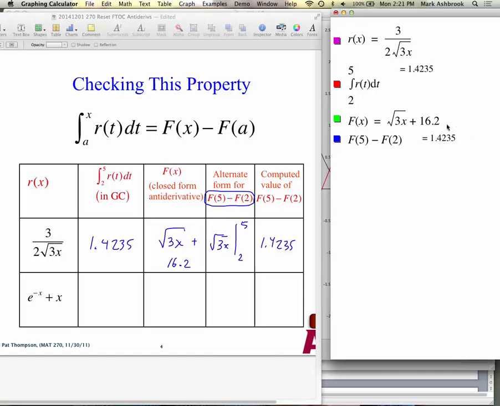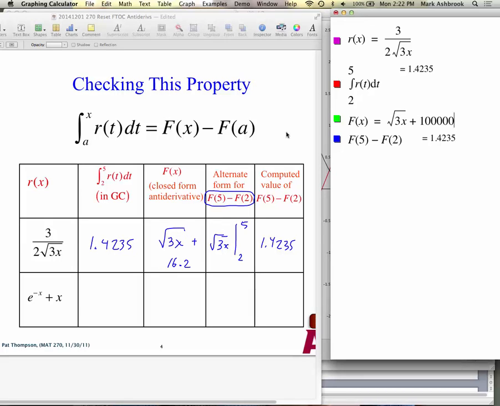So I can make it 100,000. The net change is still 1.4235. That's what the fundamental theorem says. This capital F function can be any antiderivative of r. Then the net change is the same. It doesn't matter how high up or down the accumulation function is or where it resets. If you have an amount of change between two x values, it will be the same.